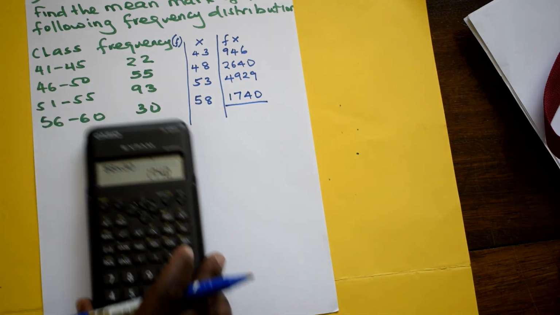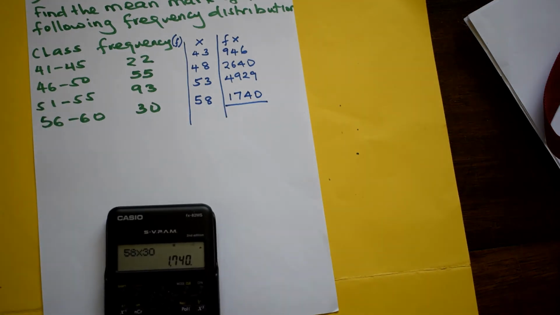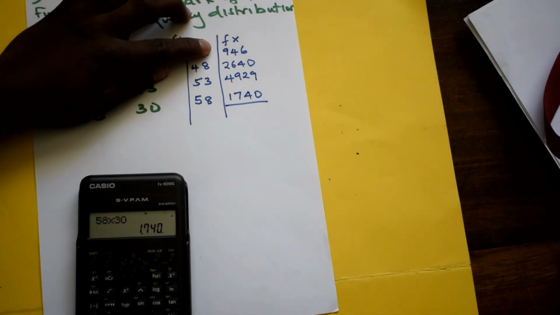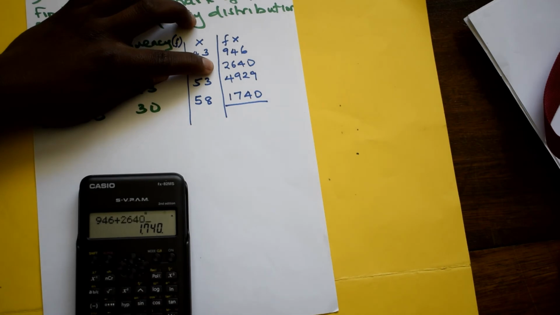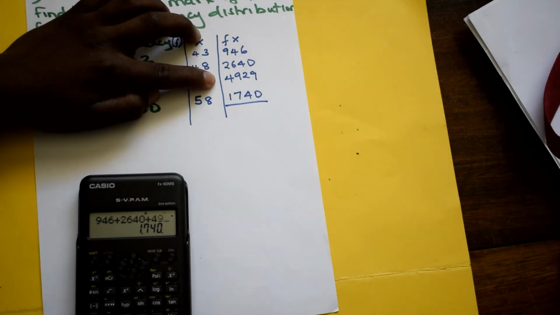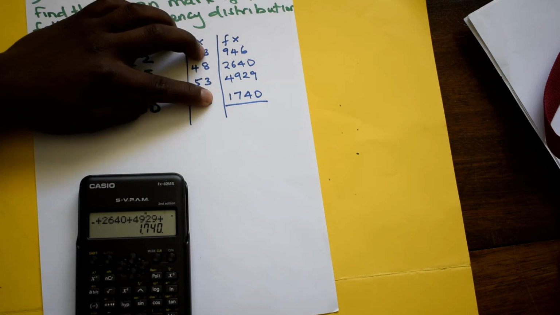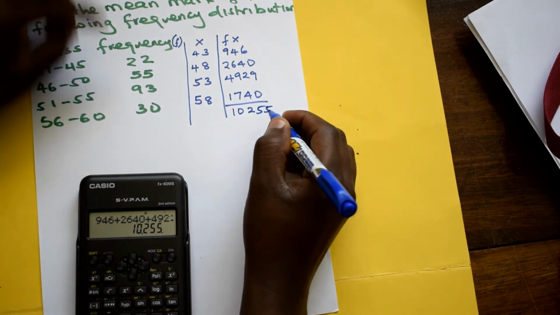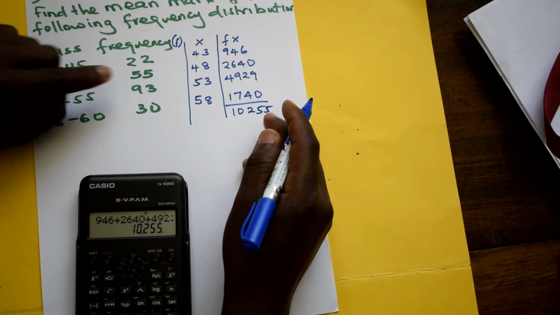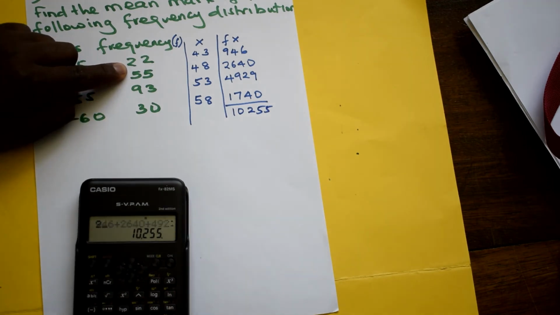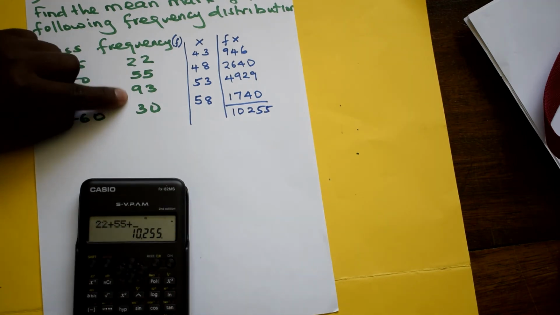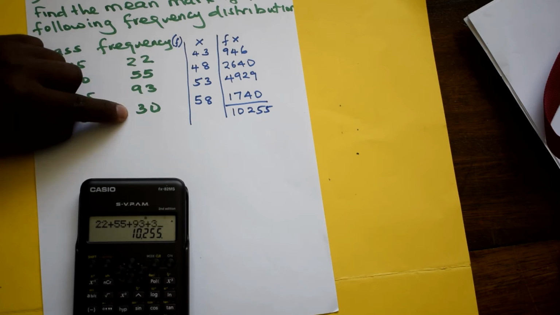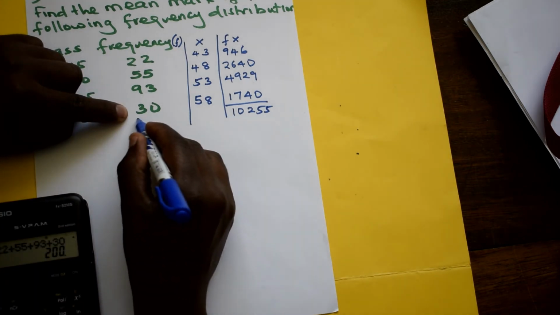So we need the sum of fx, and the sum of fx is a total of 946 plus 2640 plus 4929 plus 1740, to give us 10,255. This is the sum of fx. Then the sum of f will be 22 plus 55 plus 93 plus 30, which will give us 200.